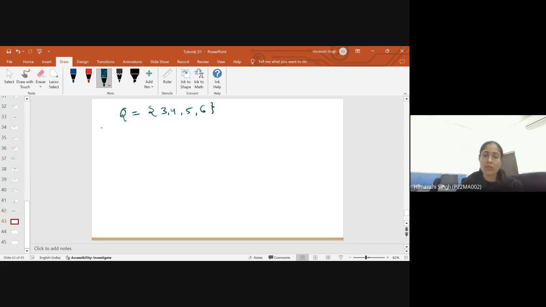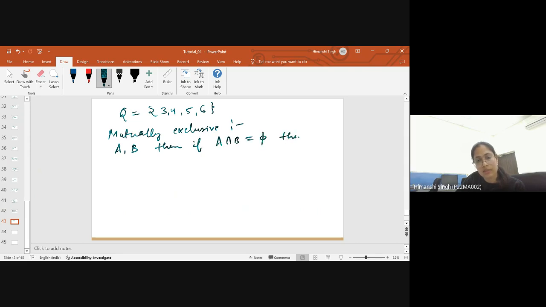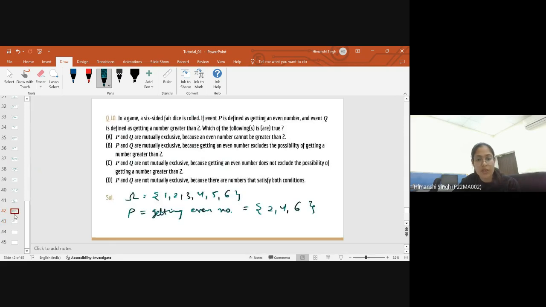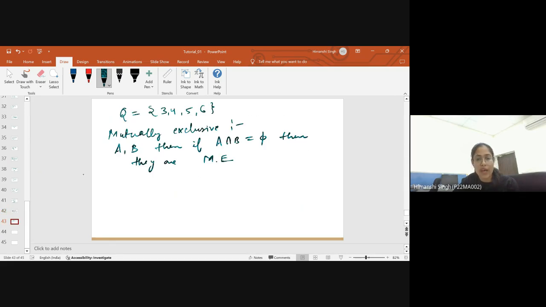So for two events to be mutually exclusive, if we have two events A and B, then if A intersection B is empty, then they are mutually exclusive. Okay, so here we have P, 2, 4, 6, and Q, we have 3, 4, 5, 6.